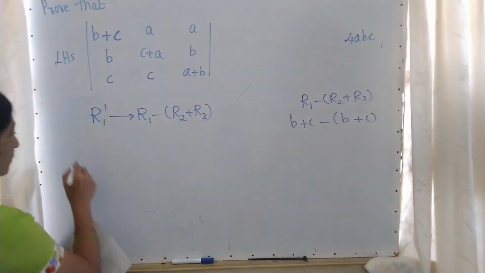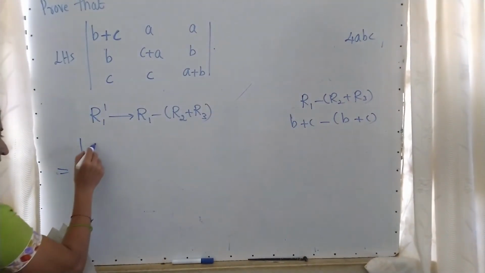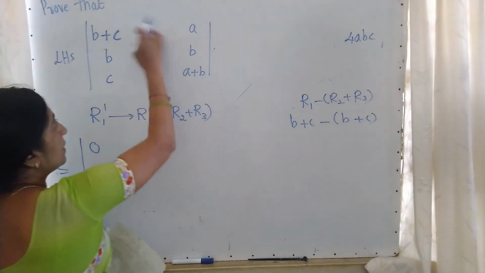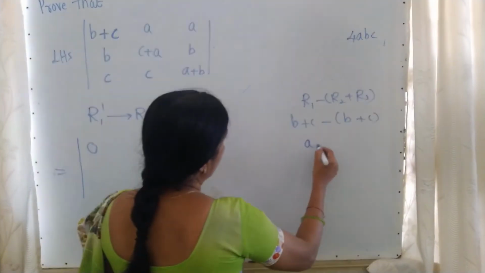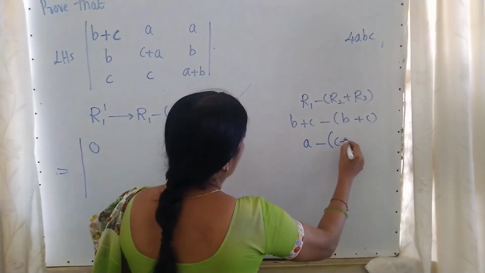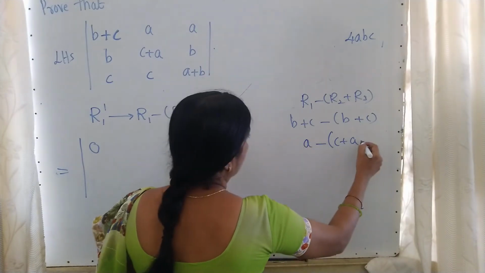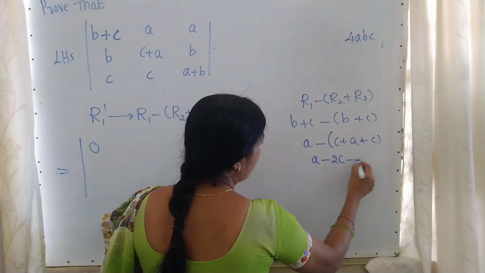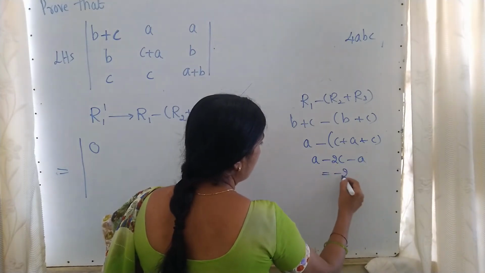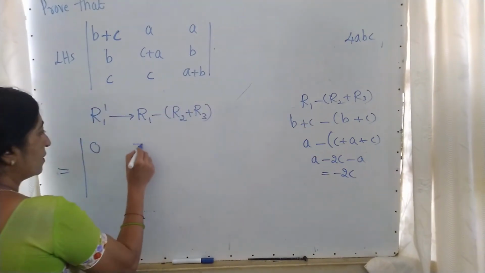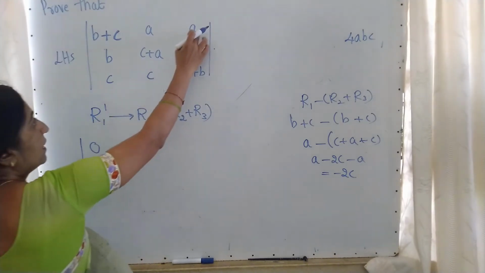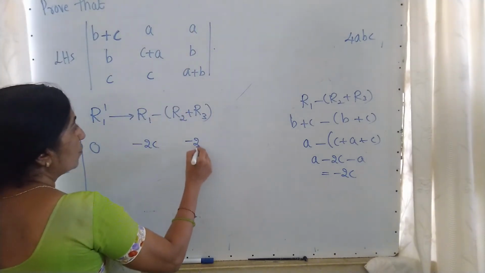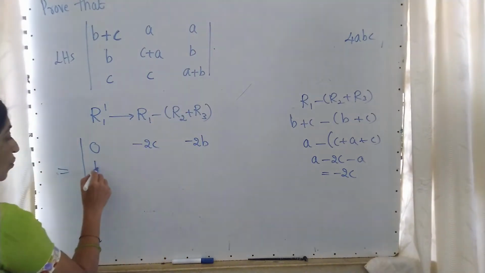Yes. The first element is 0. Can you tell me this element? R1 is A minus R2 is C plus A, R3 is C. Remove the bracket. A minus 2C minus A. What is your answer? Minus 2C. Like that here it is minus 2B. Remaining two rows as it is.